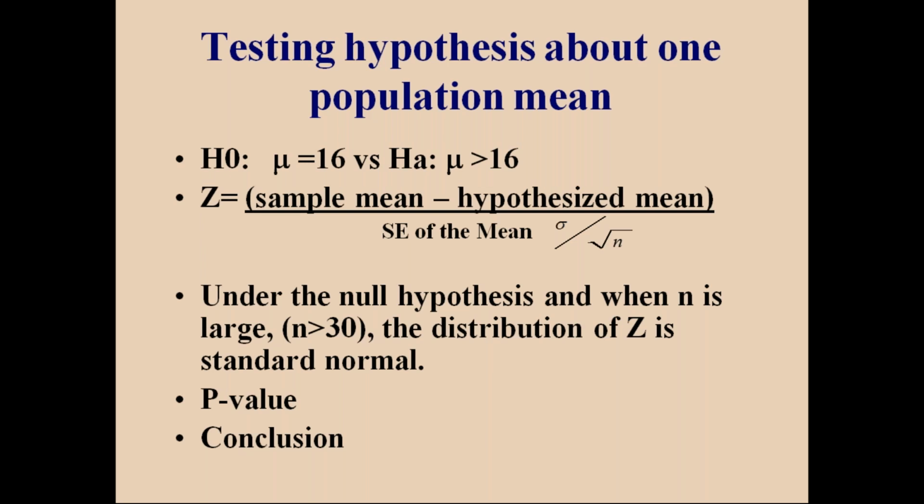Testing of hypothesis about one population mean: H naught, mu equals 16 versus HA, mu greater than 16. Z equals sample mean minus hypothesized mean divided by the standard error of the mean, sigma by root n. Under the null hypothesis, and when n is large, greater than 30, the distribution of Z is standard normal.